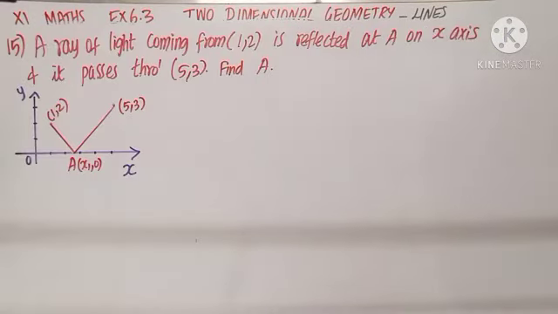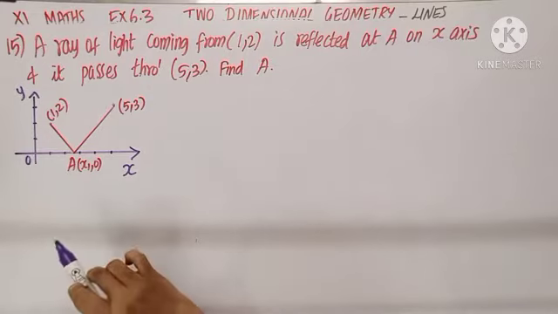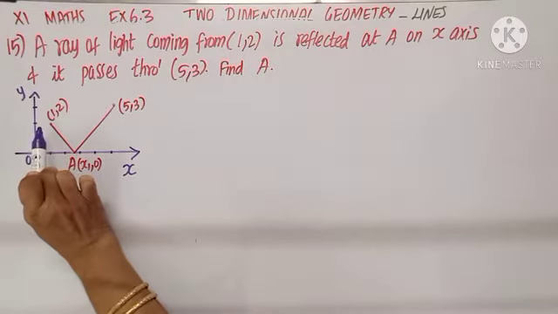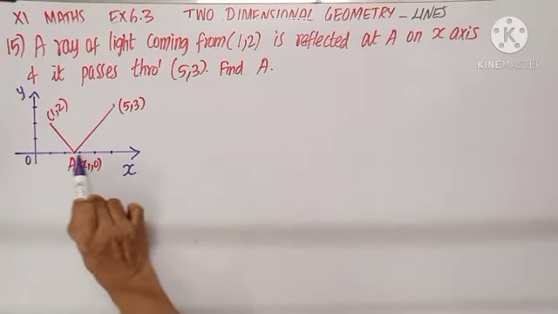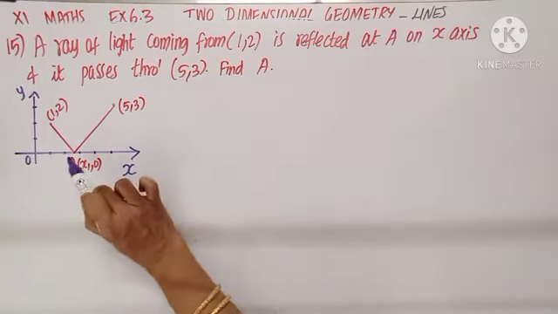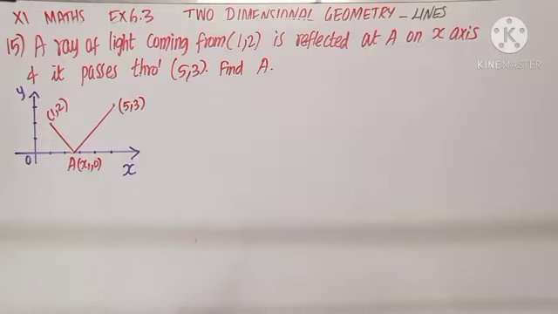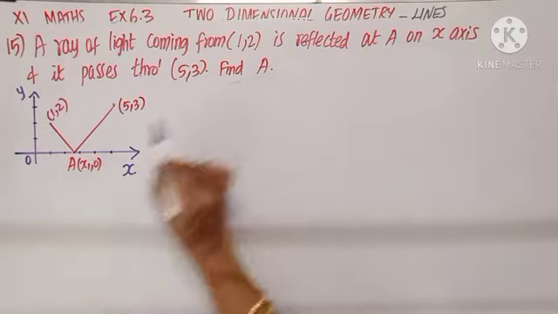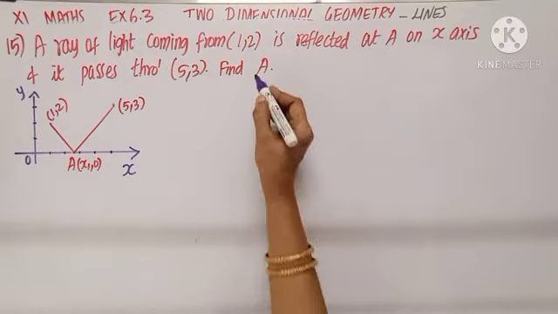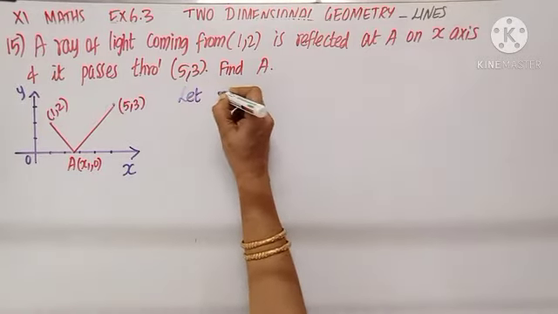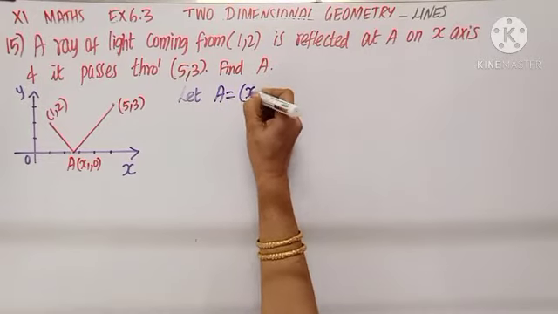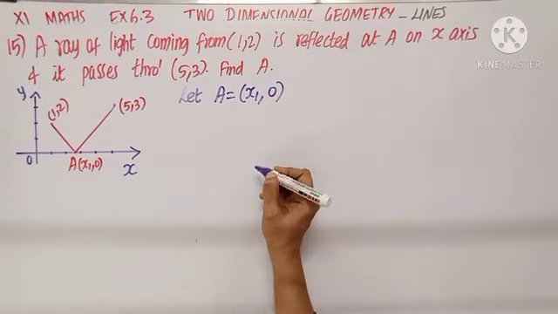Question number 15. A ray of light coming from (1, 2) is reflected at A on the x-axis and it passes through (5, 3). Find the coordinates of A. Since A is on the x-axis, let us consider A equals (x1, 0).